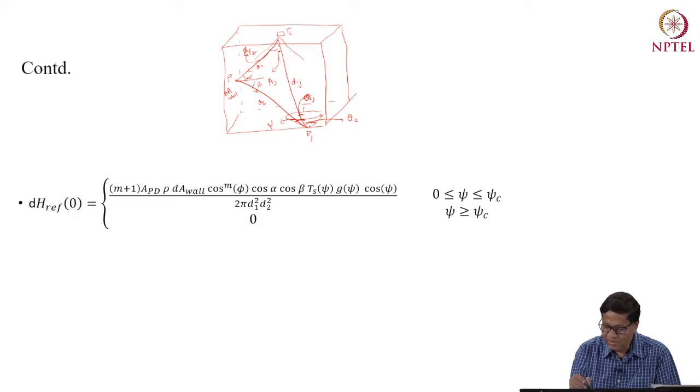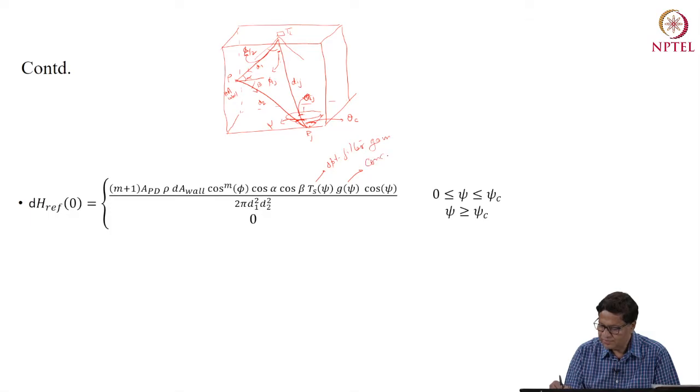And then cos alpha, this angle alpha which it makes with the normal. And then cos beta, this angle, into, as usual, Ts(psi), which is the optical filter gain, and G(psi). Let me write this, optical filter gain. And G(psi) is the concentrator gain, because I'm using a concentrator at the receiver so that the response of the photodiode is not limited.